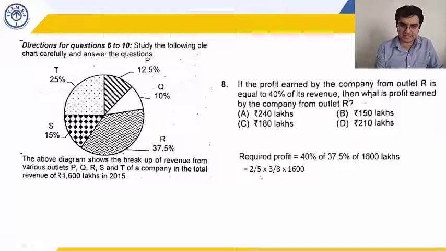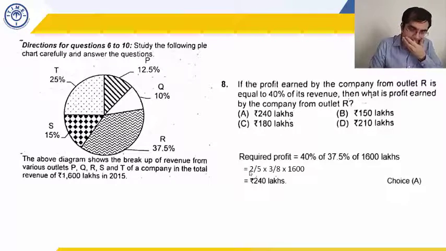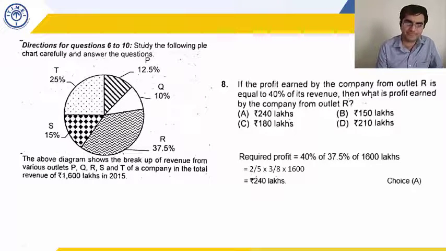Into 3 becomes 600. 600 divided by 5 becomes 120. 120 into 2 becomes 240 lakhs. Okay, I hope this is clear.